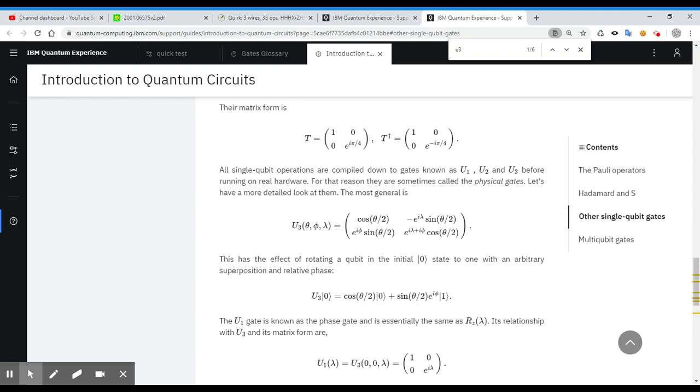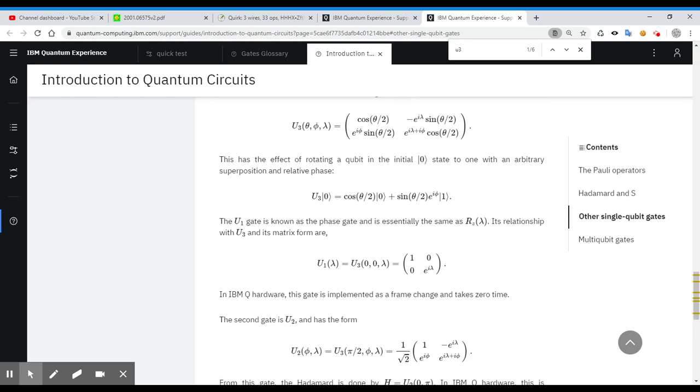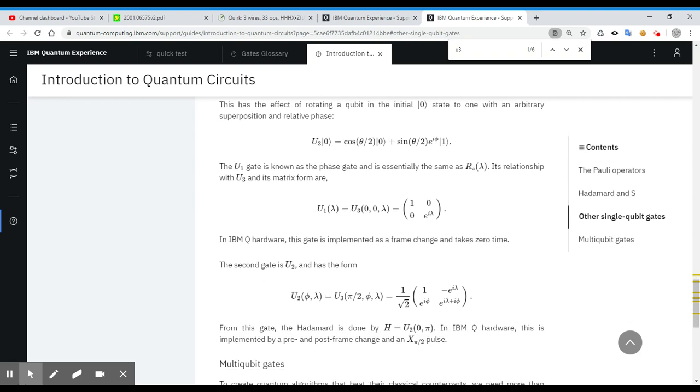The most general is this one. This has the effect of rotating a qubit in the initial 0 state to one with an arbitrary superposition and relative phases. So the U1 gate is known as the phase gate. It is essentially the same as the RZ lambda. Its relationship with U3 is this one.